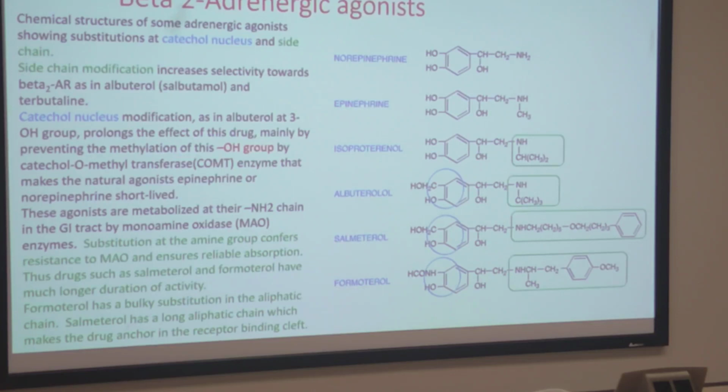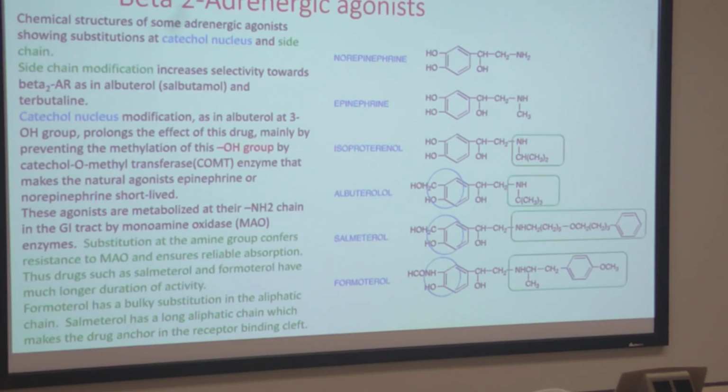Similarly, if you can mask the amino group here, the secondary amine, then you can increase the ability of these molecules to bind to beta-adrenergic receptors and prolong their activity. So there are two places where you can play around and make chemically stable compounds.